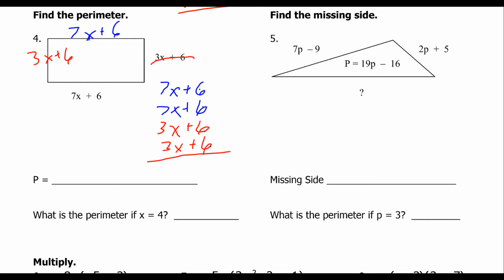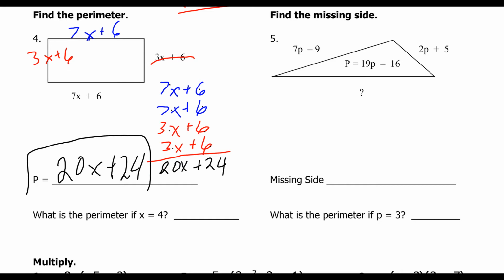Now, 6 plus 6 plus 6 plus 6 is 24. And then we got 7, 7, that's 14, plus 3 is 17, plus 3 is 20. So we got 20x. Our perimeter now is 20x plus 24. And that's our answer.